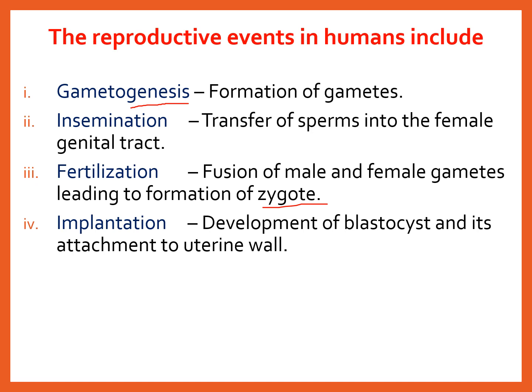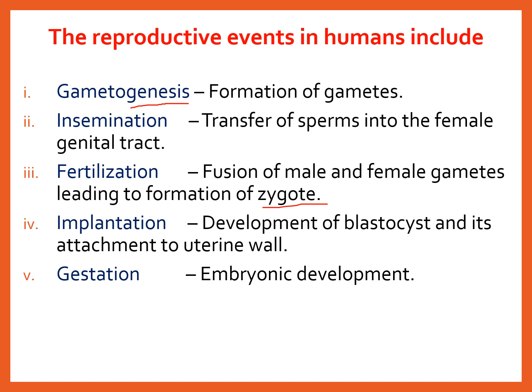Once the blastocyst has attached to the uterine wall, it continues to draw nutrition from the mother's body and continues to develop into an embryo and then into a full-grown fetus. The period from the zygote formation to formation of blastocyst and a complete baby development is called gestation.